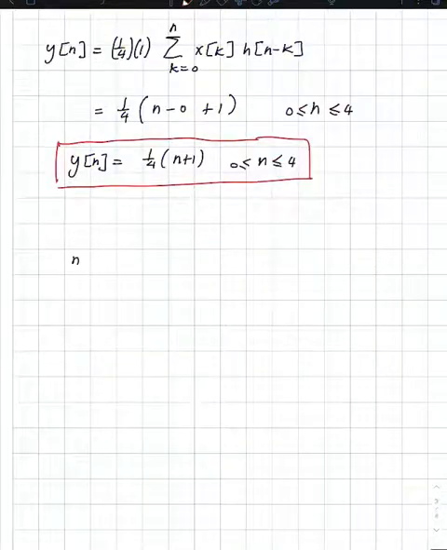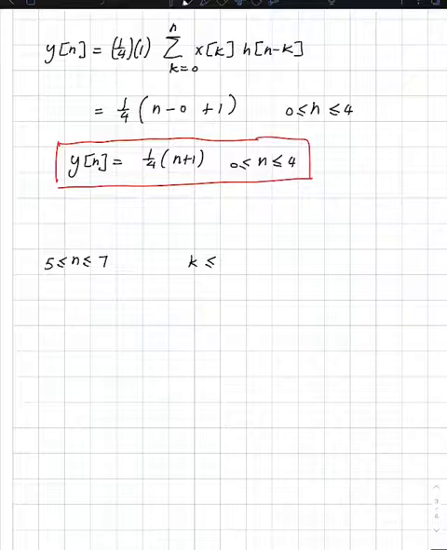The maximum value k can have as a non-zero signal is 7. The minimum value of k is controlled by n minus 4.